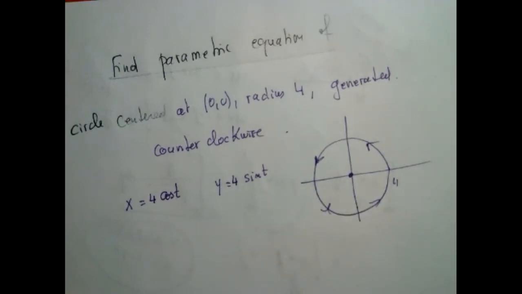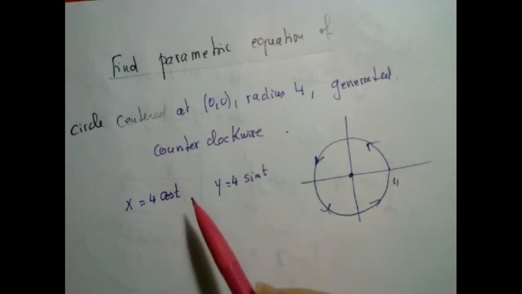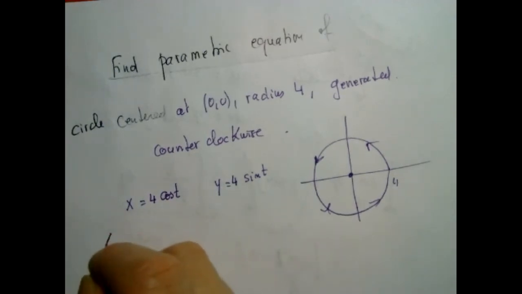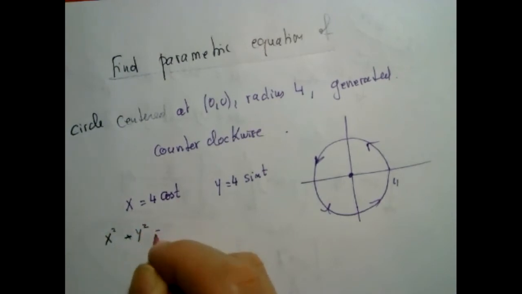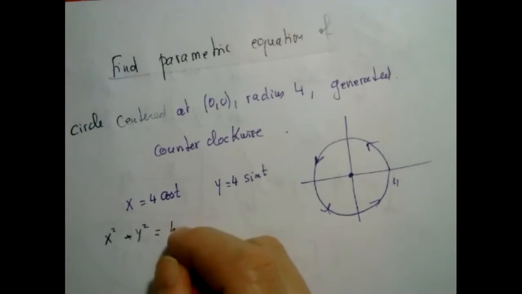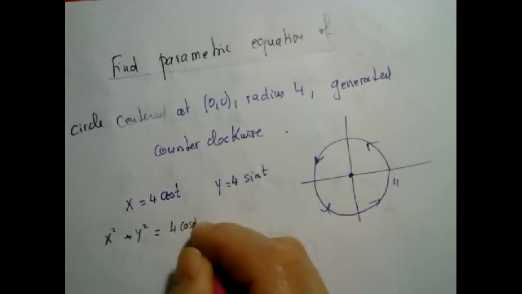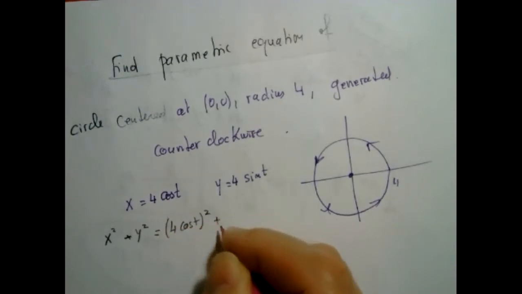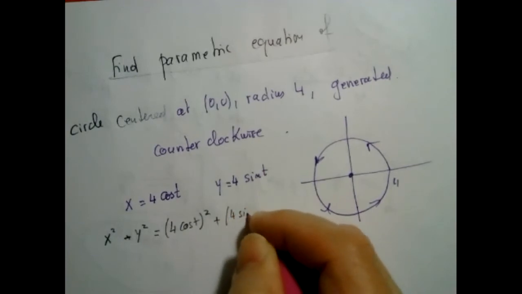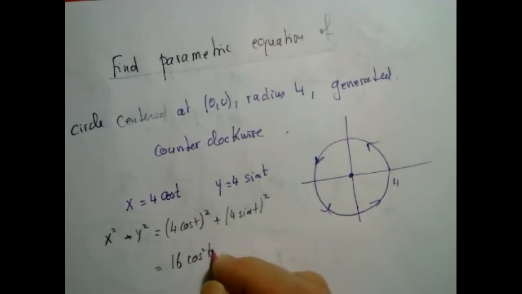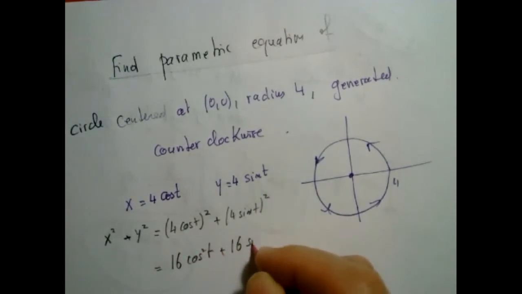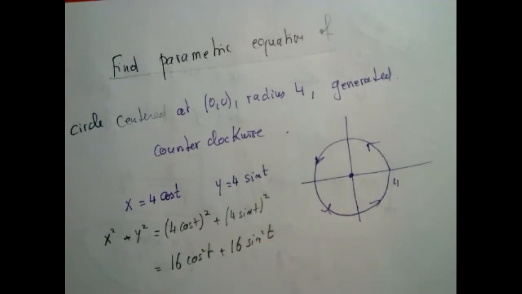So let's see why. I can give you 2 reasons for that. One reason is, suppose I take x squared plus y squared. What do I get? 4 cosine t squared plus 4 sine t squared. It means 16 cosine squared plus 16 sine squared.